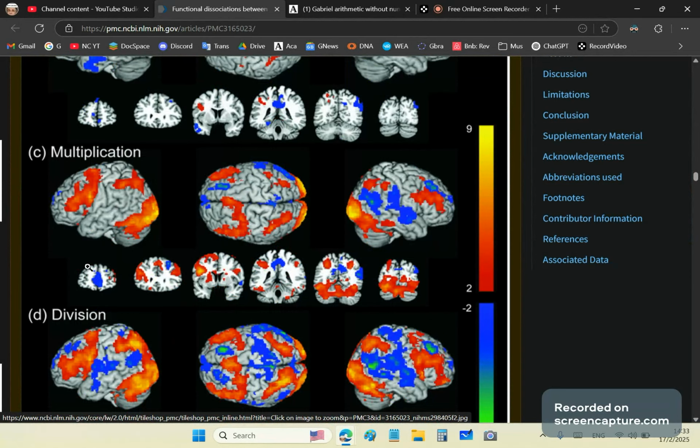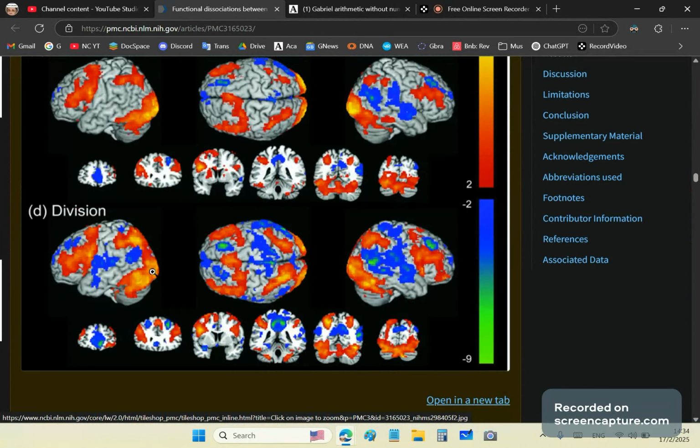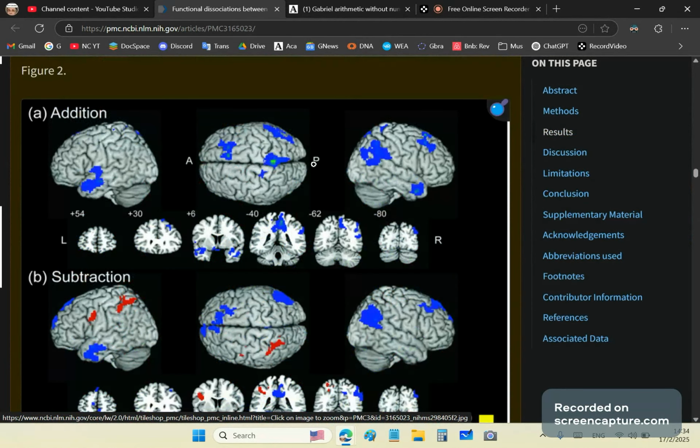And another view of the same application there of multiplication, what they think is multiplication. As you can see, there's not much difference going on here. There seems to be some association between the two, and obviously these here too seem to be associated.